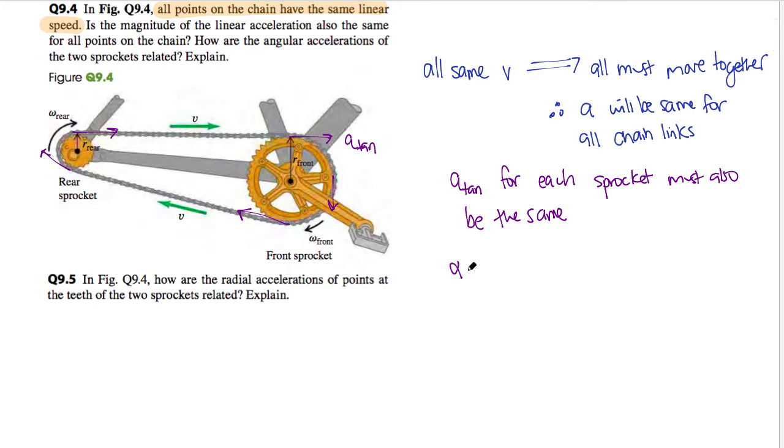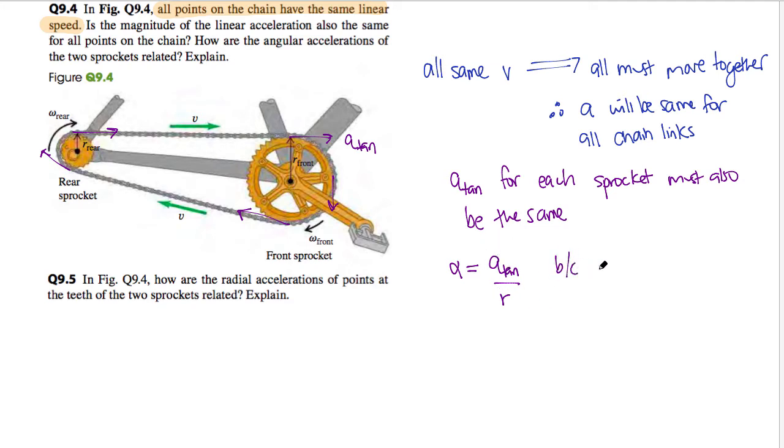So angular acceleration, if you recall, is actually going to be the tangential acceleration of a particular turning device or rotating object divided by the radius of that object. So while the radii are not the same, the tangential acceleration is the same.